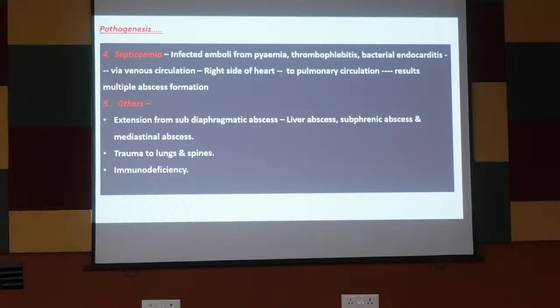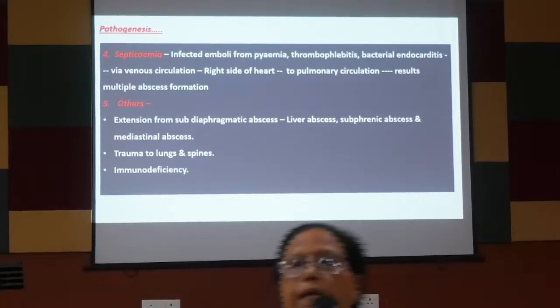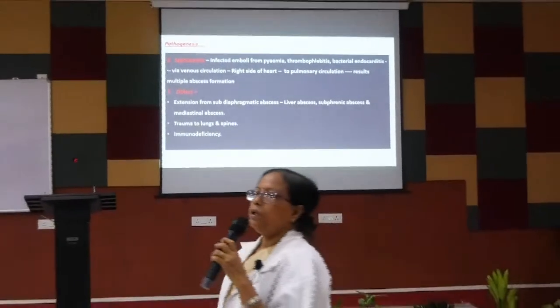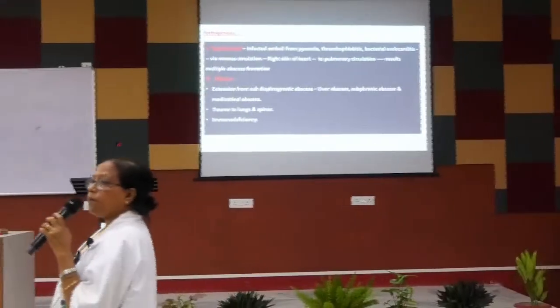Others are extensions from the surrounding tissue, such as amoebic liver abscess, subphrenic abscess, and subdiaphragmatic abscess. They go directly, as a complication, and lodge in the lung. So these are the sources of infection from where we get that infection.